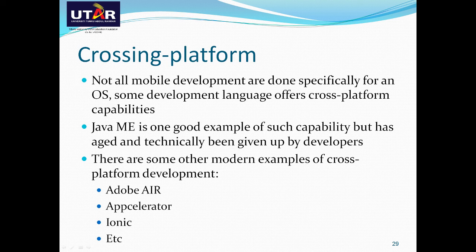Java ME used to be one of the best examples of cross-platform technologies when mobile applications first started. However, Java ME is now aged and has been slowly given up by developers. More modern examples of cross-platform technology include Adobe AIR, Appcelerator, Ionic, Unity, and etc. for better performance in cross-platform development.